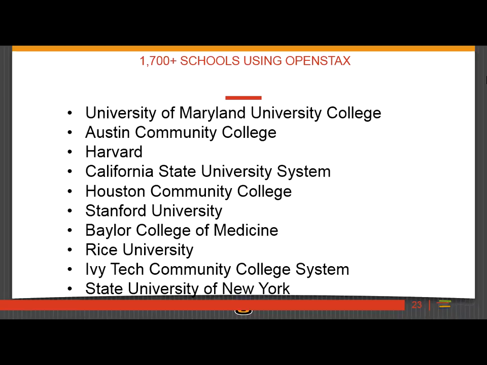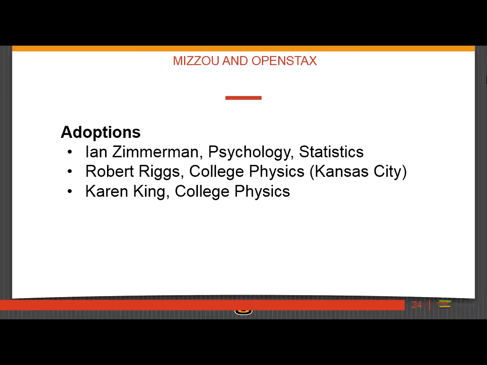So that's 1,700 plus schools, and as you can see, it's quite a range from community colleges to Ivy Leagues, state colleges to private institutions. And OpenStax is out of Rice University, so it's a nonprofit that grew out of Rice.